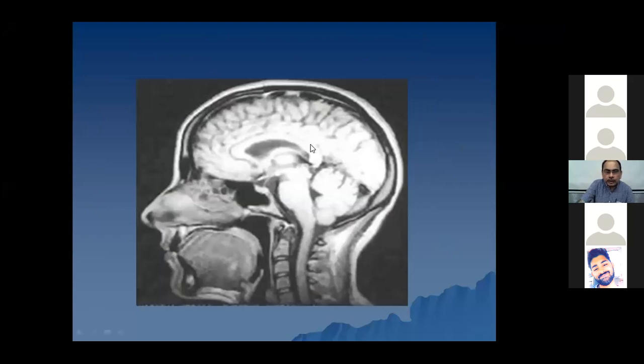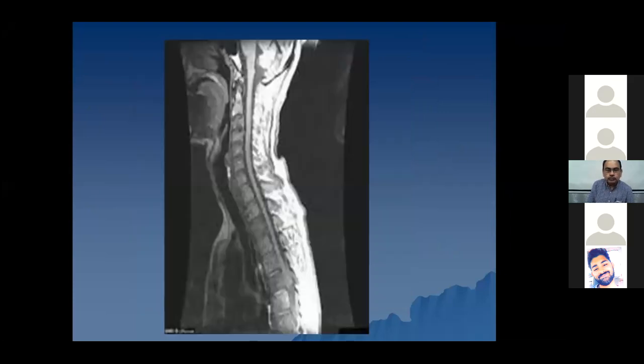Here you can see a sagittal view of the MRI brain. The delineation of the different structures, especially the soft tissues, is very good in MRI. Again, this is a normal examination. MRI, sagittal image of a cervical spine examination.